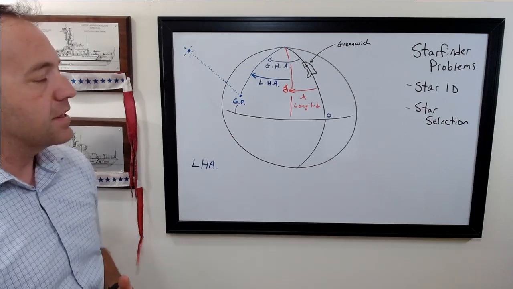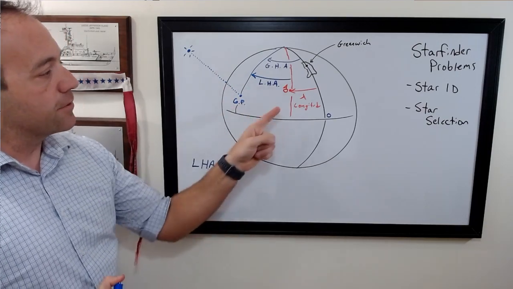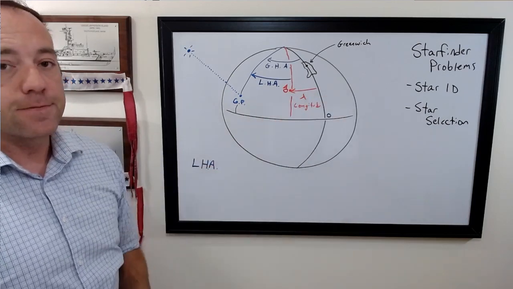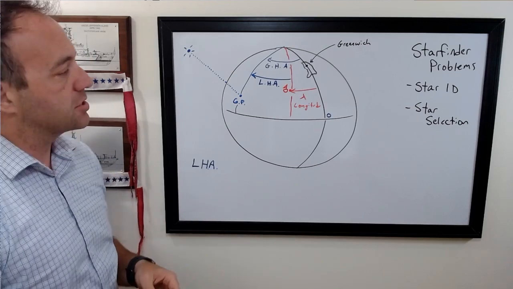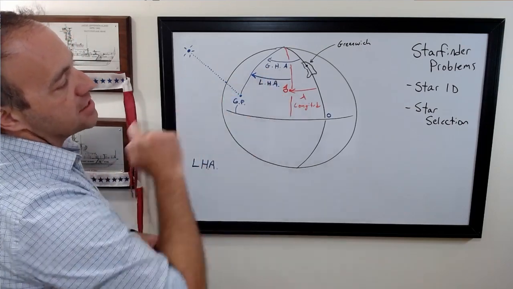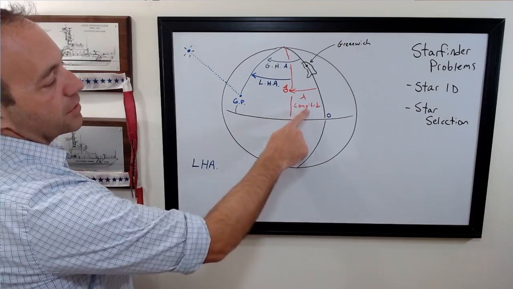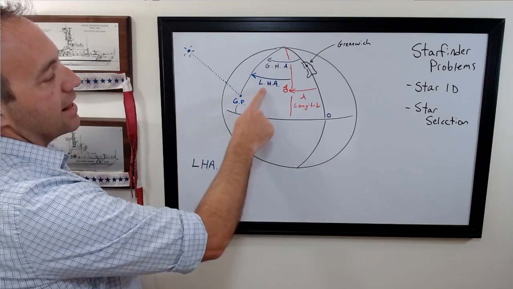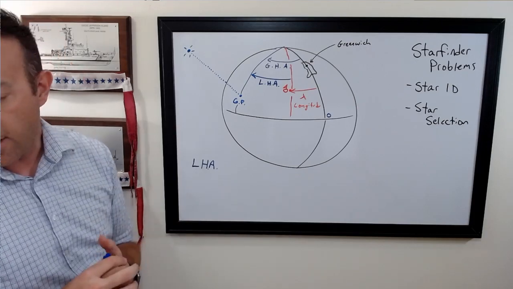Right? It's a little different in the Eastern Hemisphere. I know I just mentioned that GHA is 360, but if your ship is located over here, it's slightly different formula. But for us and for the problems we're going to do tonight, they're both in the Western Hemisphere. So GHA is the longitude of the star or the sun or the moon. Longitude is your longitude, and LHA is the difference between them from your ship to the star.